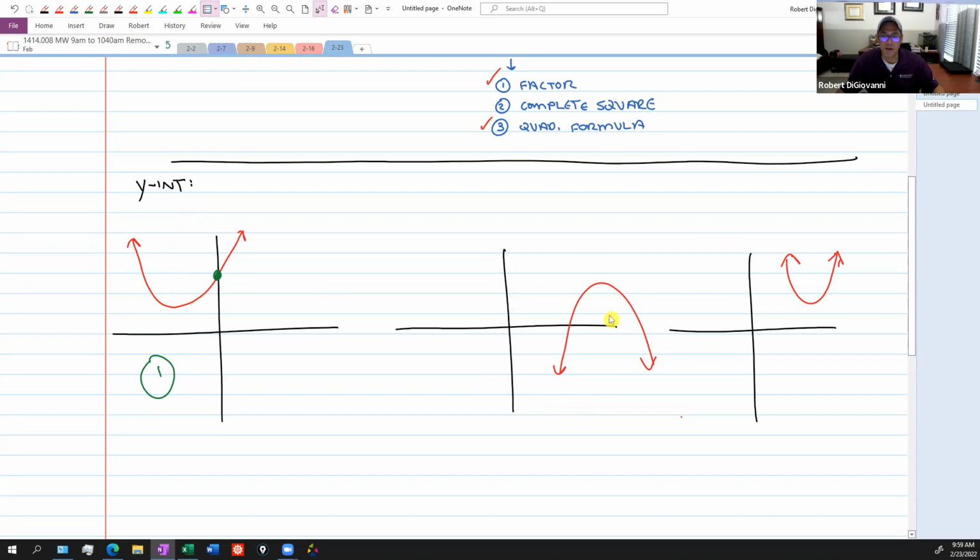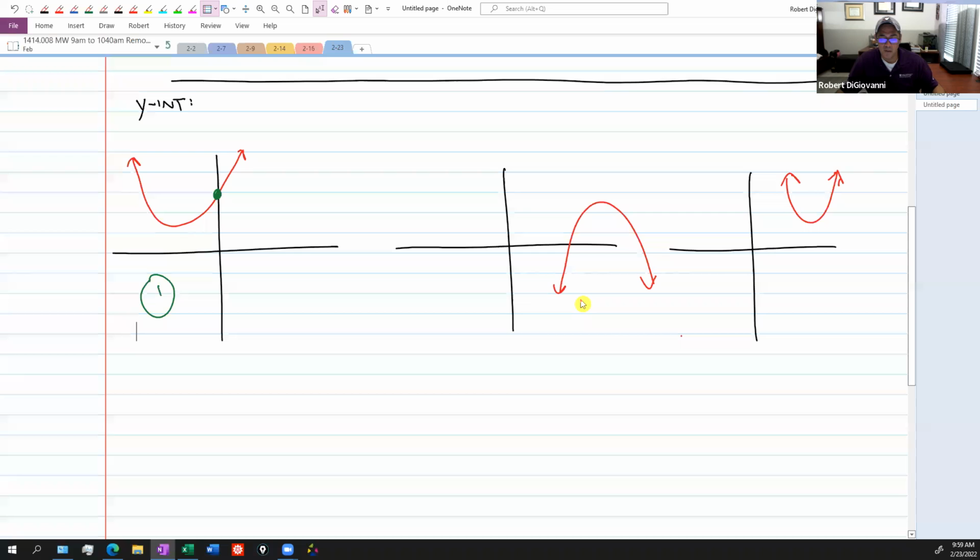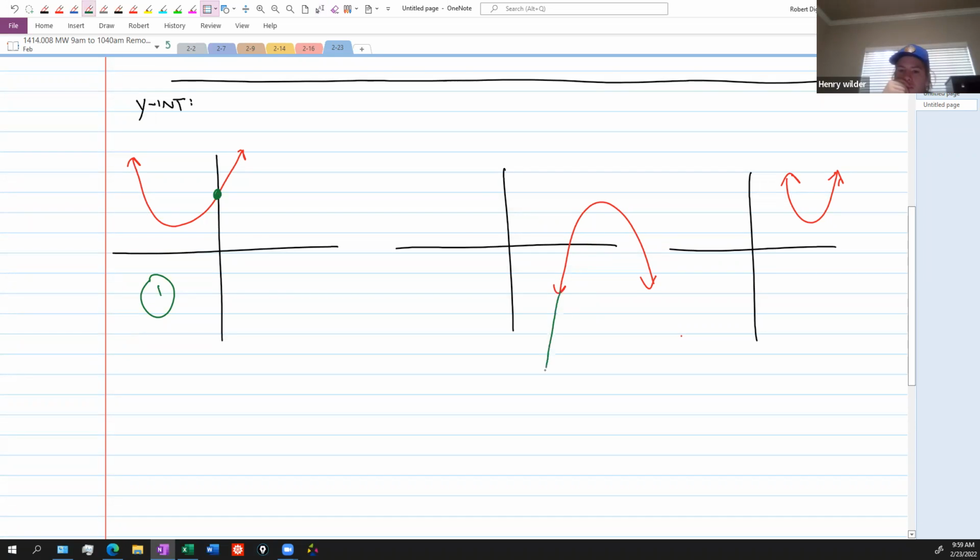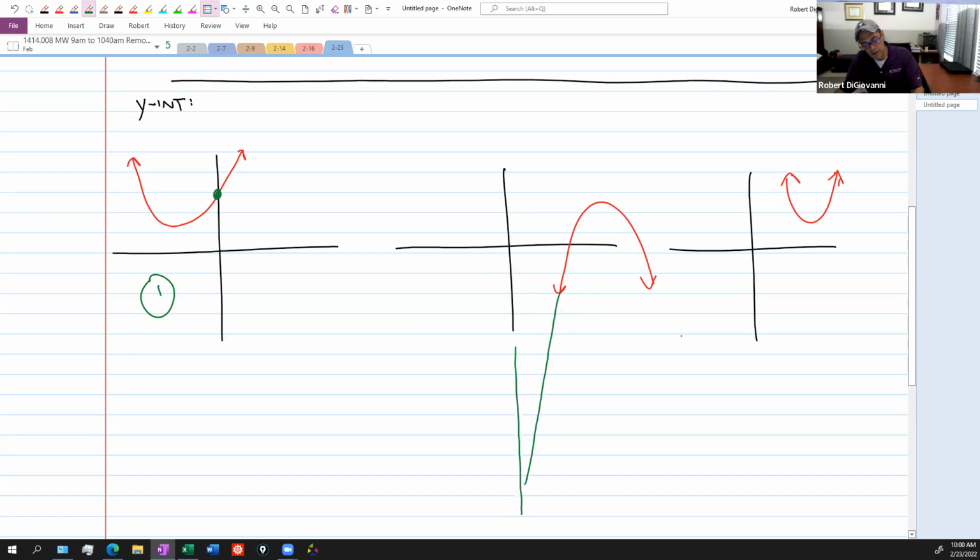What about this one? Am I going to hit the y-axis? Well, my picture doesn't look like it is, but this continues down, doesn't it? And down and down and down. And eventually, wouldn't it hit the y-axis somewhere down there? So when you draw a parabola, it looks like a U, but not a U where the sides go straight up, right?